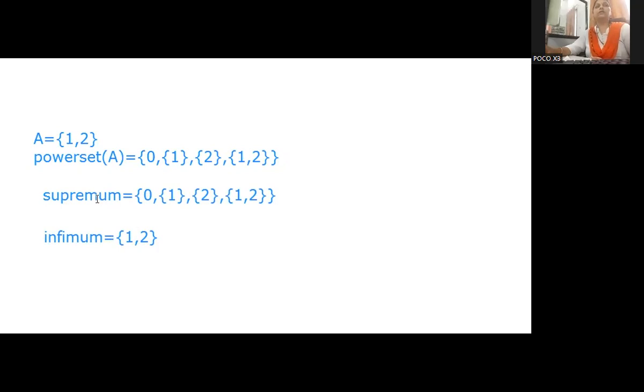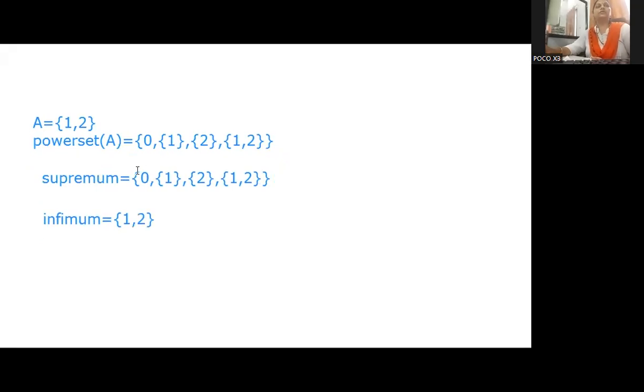What was the name given? Least upper bound. Yes, sorry. It is least upper bound and it is greatest lower bound. Okay, infimum is greatest lower bound and supremum is least upper bound. I hope you are getting this.